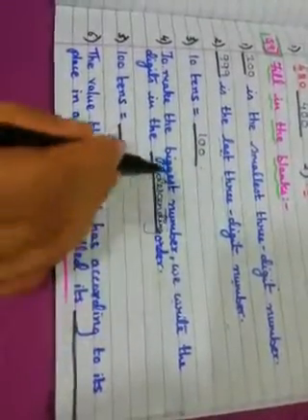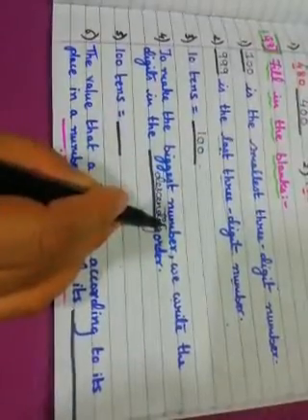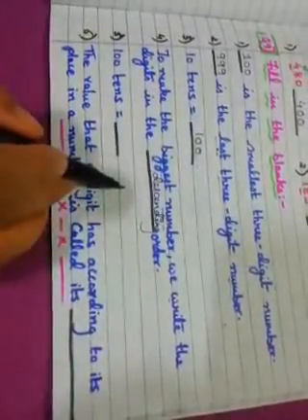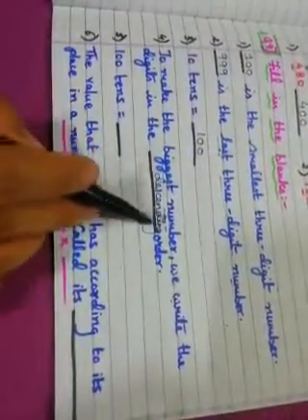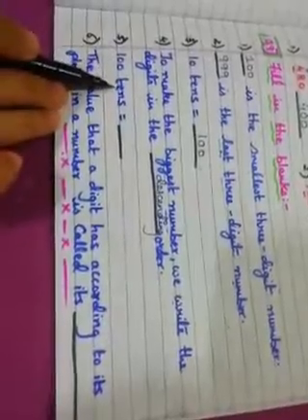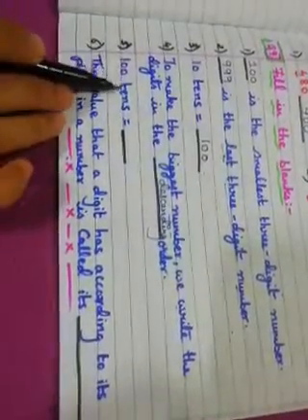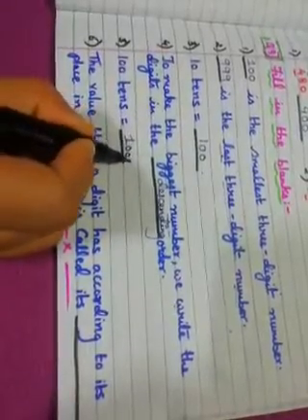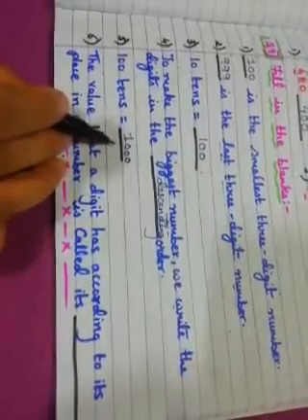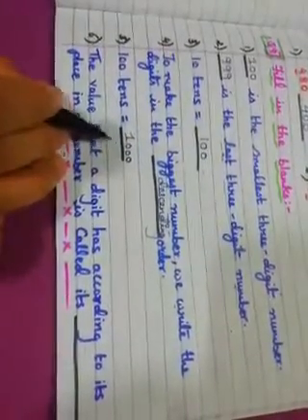Okay, children? And if it is to make the smallest number, then we write the numbers in ascending order. But here they have given biggest number, so that is descending order. Next, 100 tens. 100 tens gives us 1000. Okay, this we have learned in introducing the number 1000.